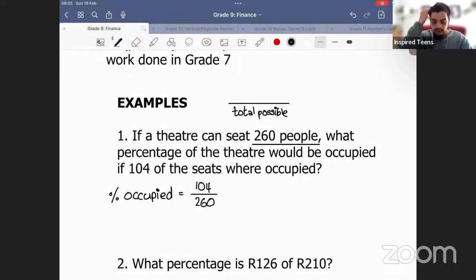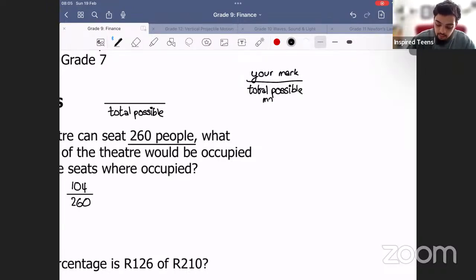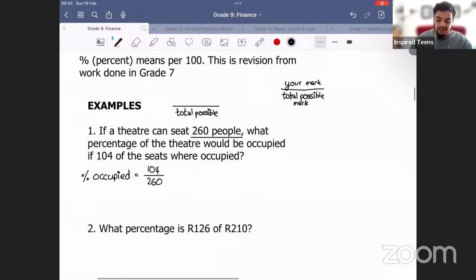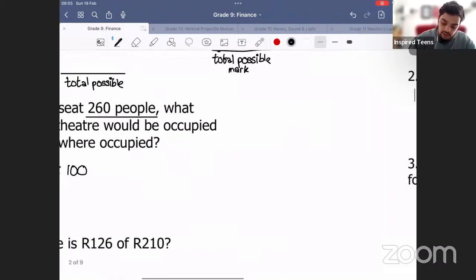For example, your marks: you always have your mark over the total possible marks. How many marks is your test out of? 70, for example. Always in that case, you always multiply by 100 to convert it to a percentage.